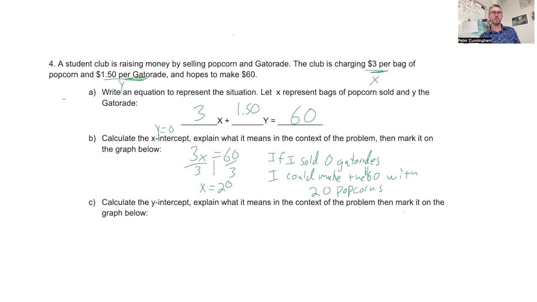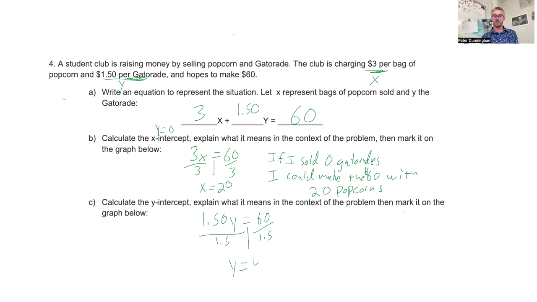Okay. What about the y-intercept? Well, again, we're rewriting this. We would then have 1.50y equals 60 because that's saying 0 x's. Divide by 1.50. What does this mean? 60 divided by 1.5 would be 40.